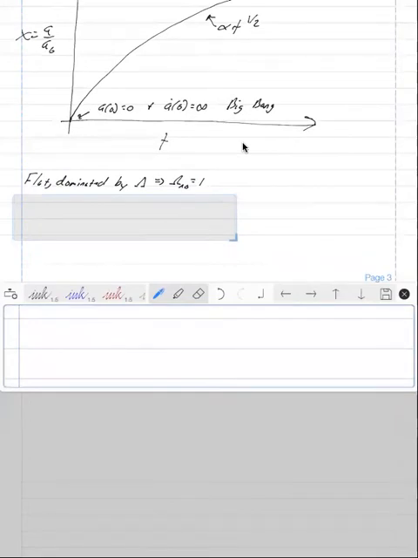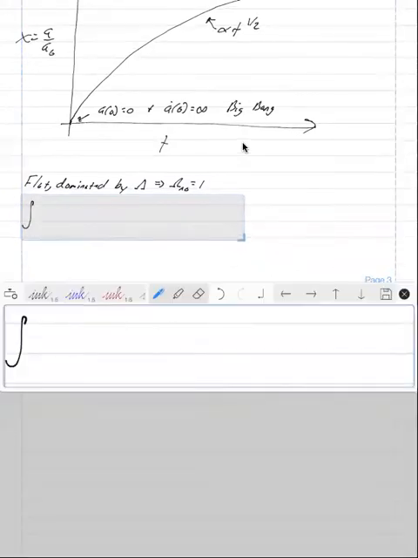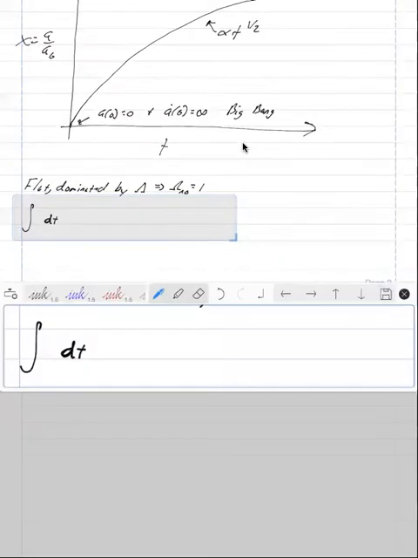Okay. So in this case, we're going to integrate dt, and I already know that the solution is going to be a natural log on the right-hand side, which suggests to me I need to be careful about the limits of integration.